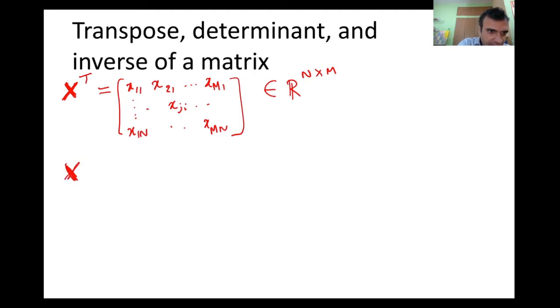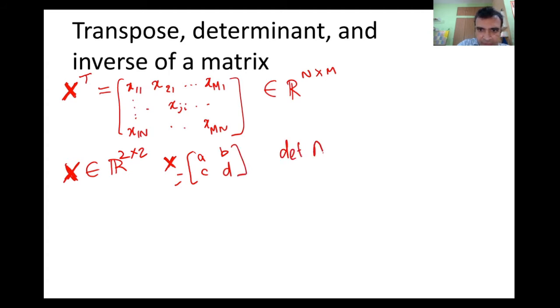Let's say you have X that belongs to R 2 cross 2, and let's say the elements of X are A, B, C, and D. Then the determinant of X is a single number, and that will be AD minus BC.